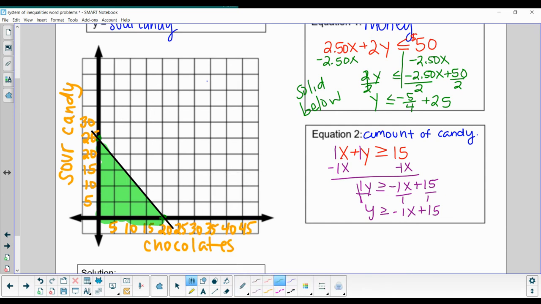So this time I'm going to graph this next one. I'm going to start at 15, and it says -1x, so down 1 over 1. Okay, draw my line, which should also be solid.